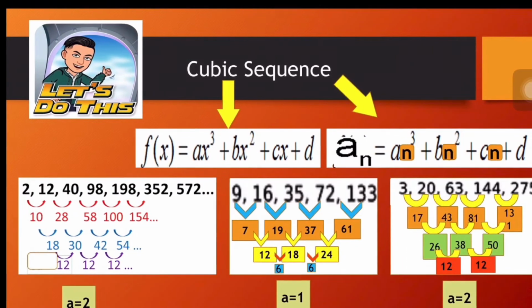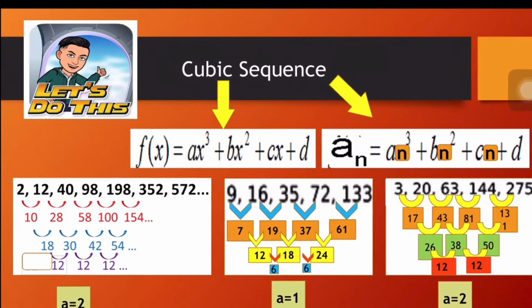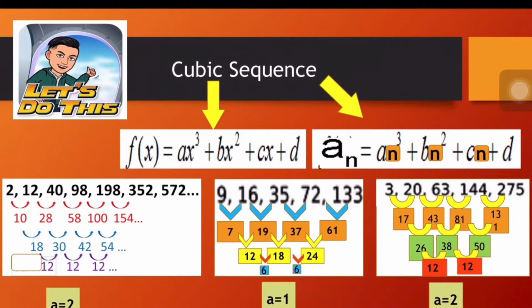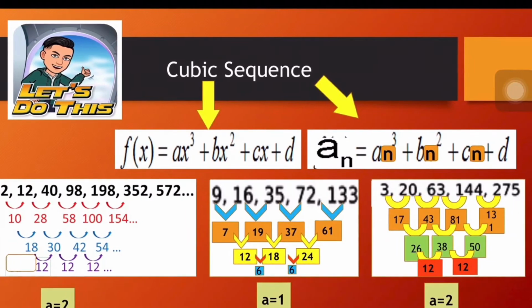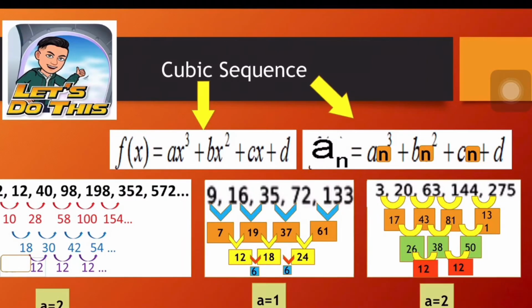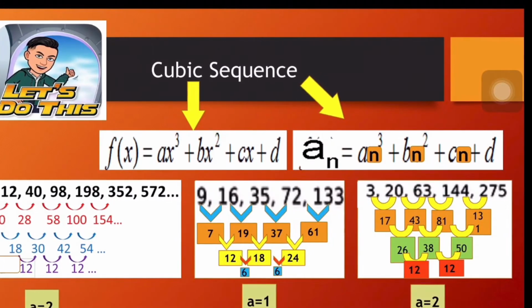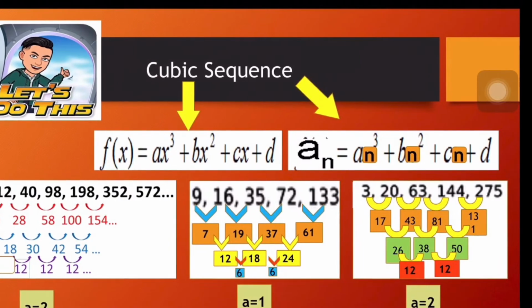Do you observe the pattern on how to get the value of a in each sequence? That's right. To get the value of a in each sequence, you need to divide the common difference by 6. Let us discuss these three sequences one by one.